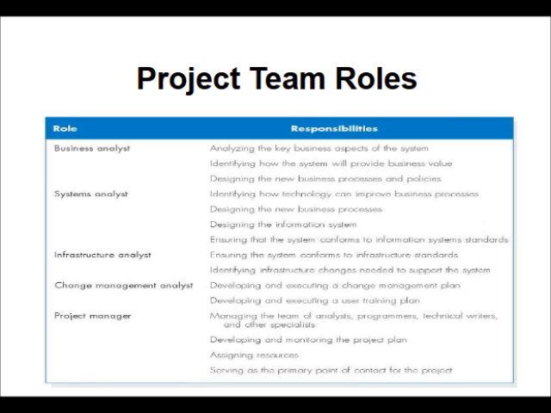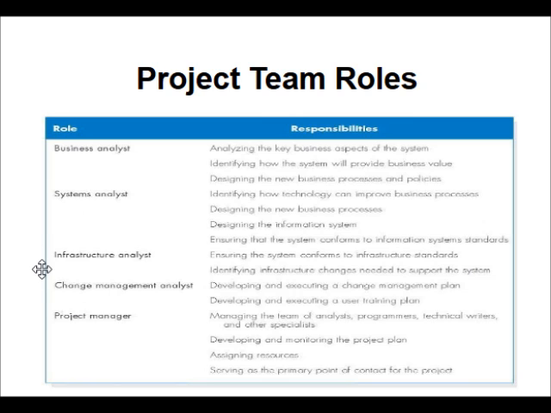This lists the project team roles. The business analyst's responsibilities are analyzing the key business aspects of the system, identifying how the system will provide business value, and designing the new business processes and policies. The systems analyst's responsibilities are identifying how technology can improve business processes, designing the new business processes, designing the information system, and ensuring the system conforms to the information system standard.